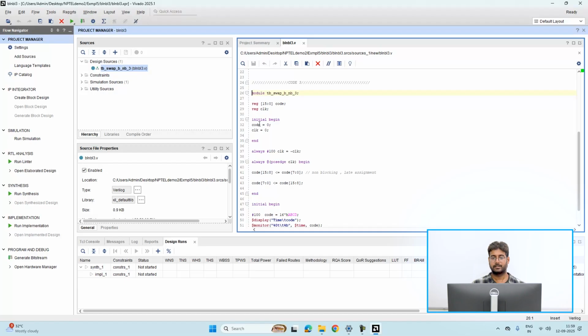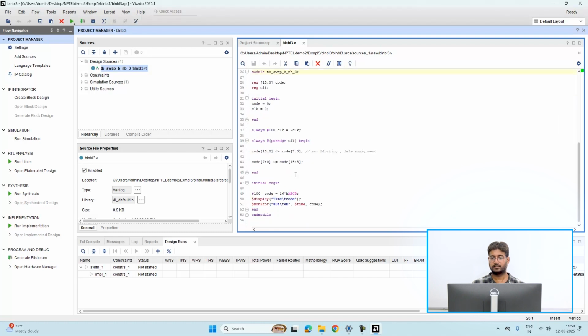Reg, clock, initial begin for initialization, then defining a clock using always block. Then always at the positive edge of clock, we will begin execution of these statements using non-blocking late assignment. That is, assignment will be late, but evaluation will be done at the same instant.